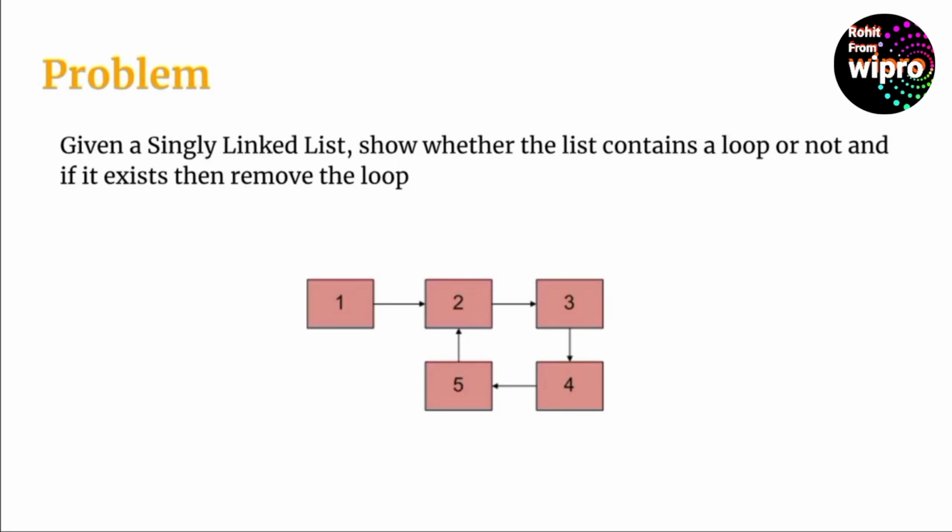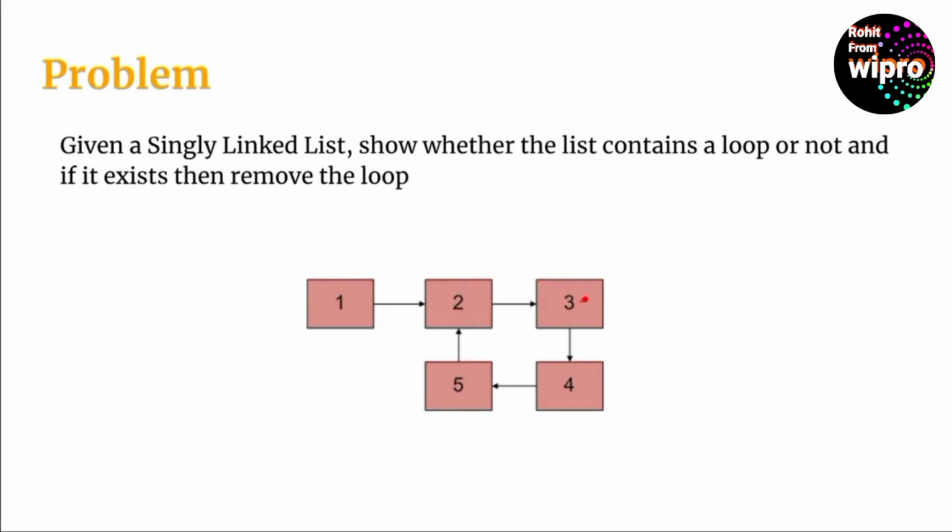If we see this diagram, we can explain how it will actually work. Suppose this is the head of the linked list. At the beginning, slow and fast are both assigned to it. When the loop starts, slow advances by one node, so in the first iteration 2 is slow, and fast advances by two nodes, so 3 is fast.